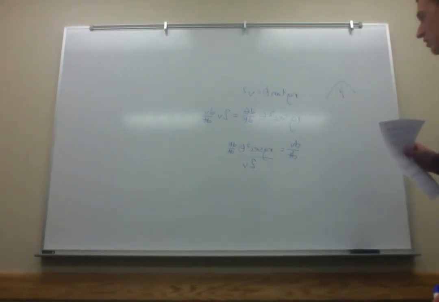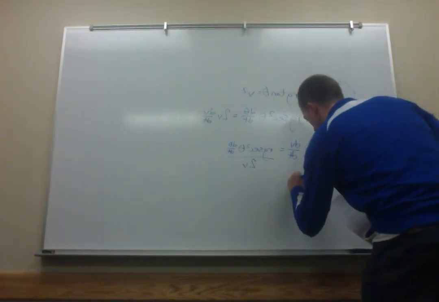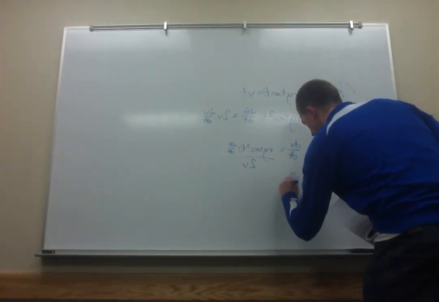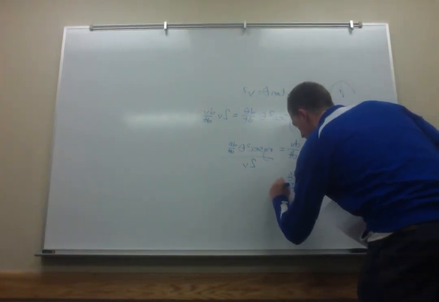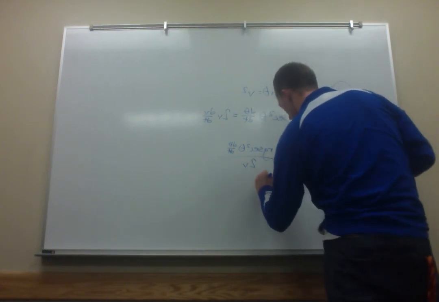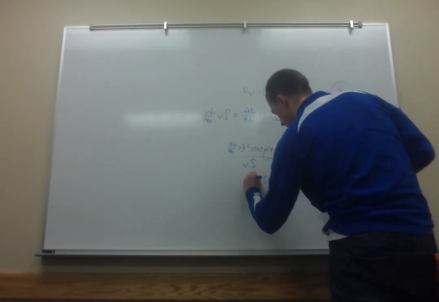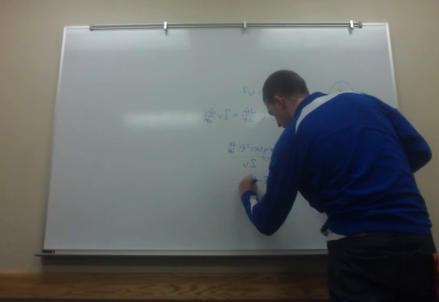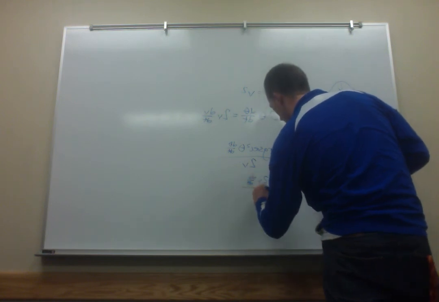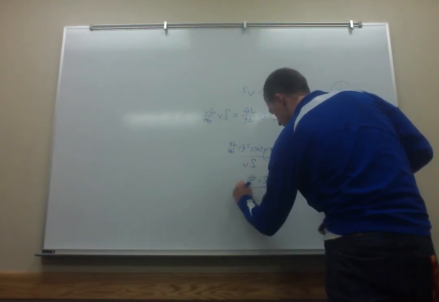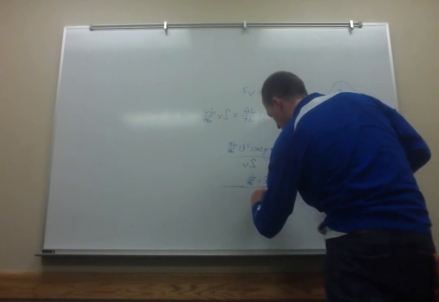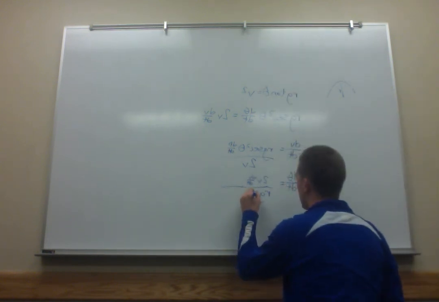I think so. And same thing with d theta over dt is equal to 2v dv over dt over Rg secant squared theta.